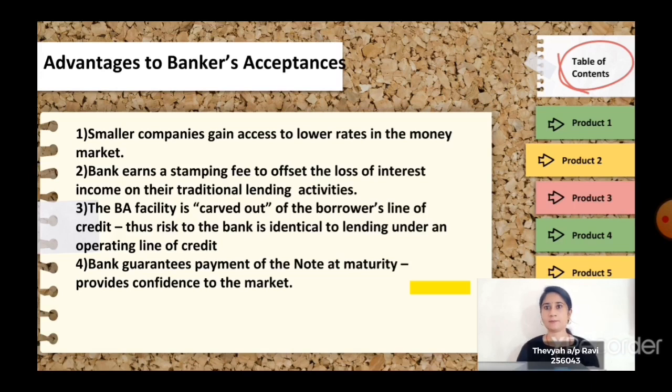Third, the banker's acceptance facility is carved out of the borrower's line of credit, so the risk to the bank is identical to lending under an operating line of credit. The last one, the bank guarantees payment of the note at maturity, which provides confidence to the market.